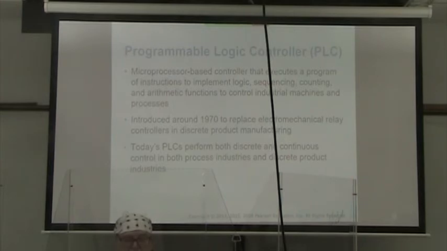They were introduced around 1970, replacing electromechanical relay controllers in discrete product manufacturing. Today, PLCs can perform both discrete and continuous control, and they're used in process industries and discrete product industries.